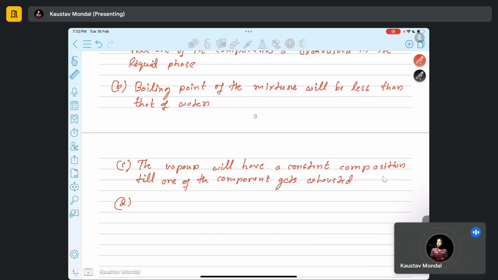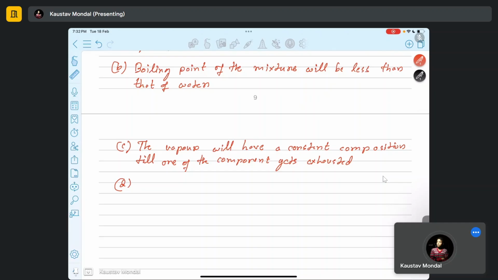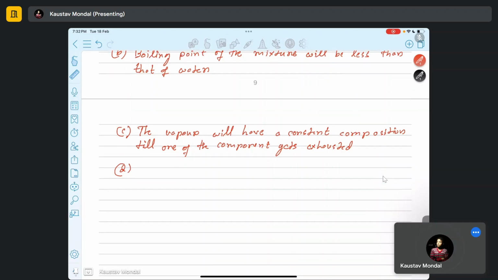And option D: the boiling point will be 100 degrees centigrade and 110 degrees centigrade.